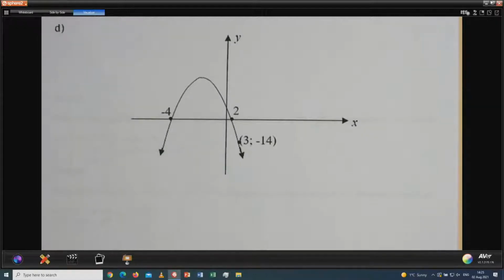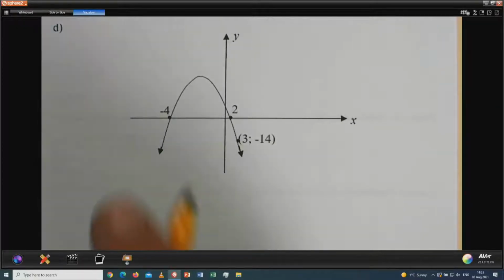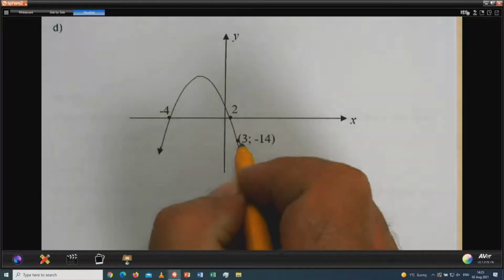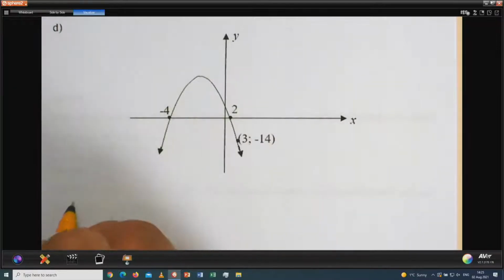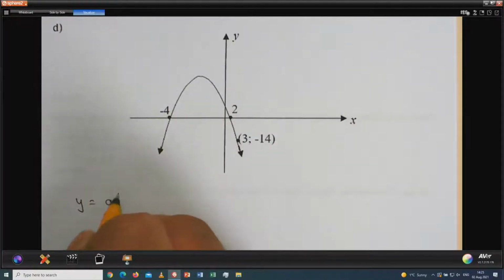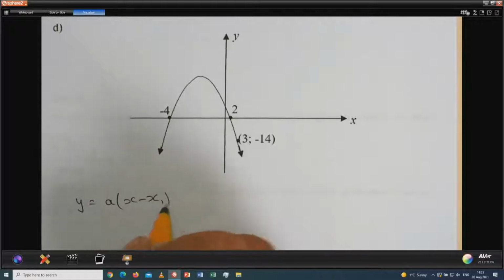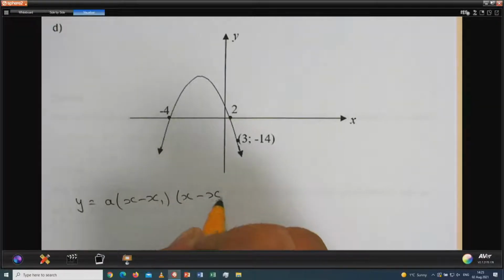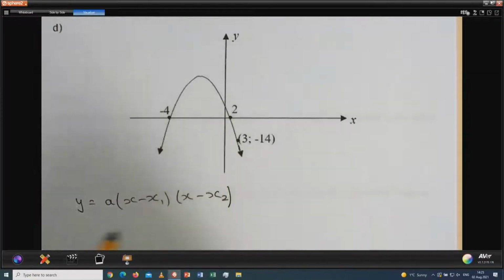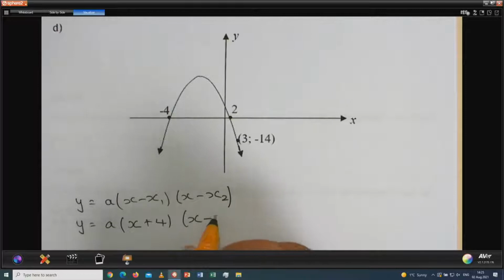Right, if they ask you to find the equation of the parabola given two x-intercepts and a point, we're going to make use of the formula y is equal to a(x minus x1)(x minus x2). So y is equal to a(x plus 4)(x minus 2).